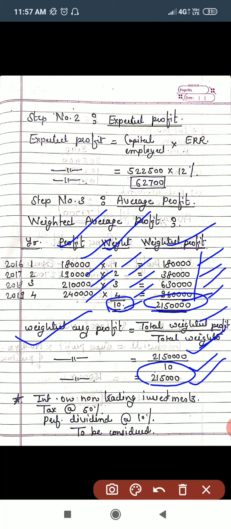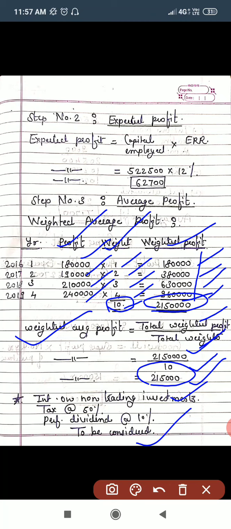There are certain instructions which need to be taken into consideration. Which are those? Number 1, the interest on non-trading investment. Now, if the non-trading investments are not to be considered for the calculation of capital employed, how can you take into consideration the interest on non-trading investment? No, you will not.